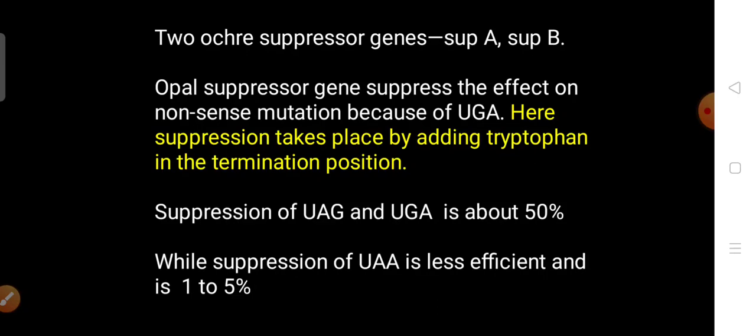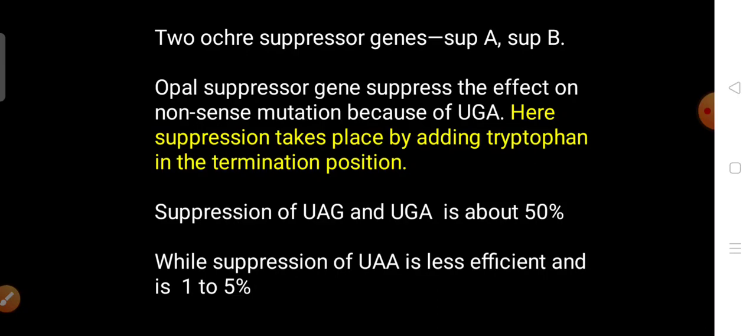Now the nonsense mutations which occur because of UGA are suppressed by adding the amino acid tryptophan in the termination position. Okay, the anticodon of tryptophan tRNA is altered such that the mutated tryptophan tRNA will add tryptophan in the termination position, the termination which has occurred because of UGA.